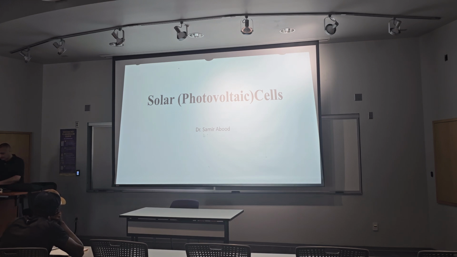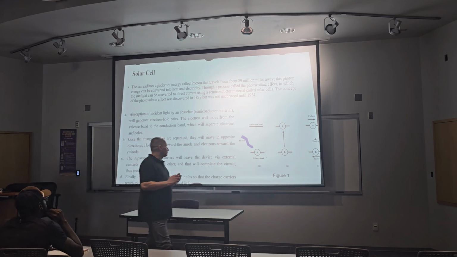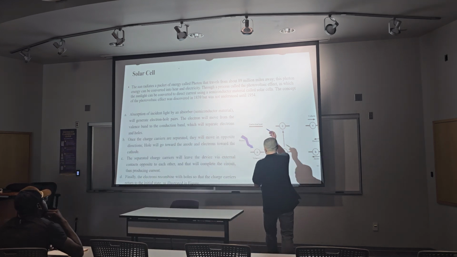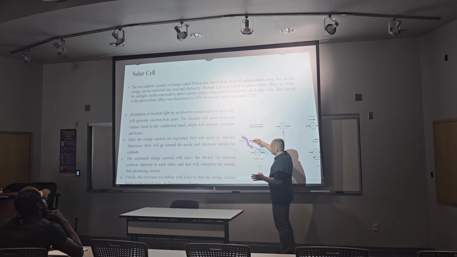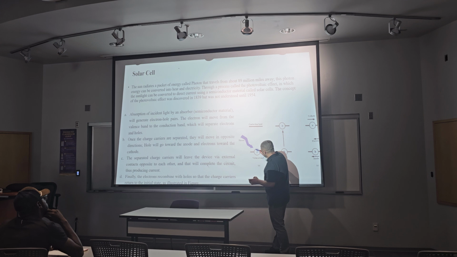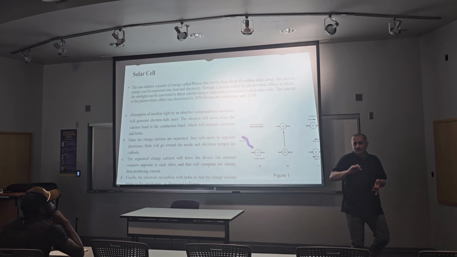Okay. So first, how to generate the electricity. See here, first step: light, photon, is applied to an electron available in the valence band.